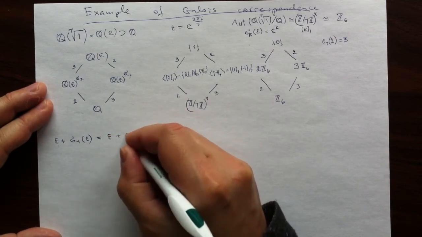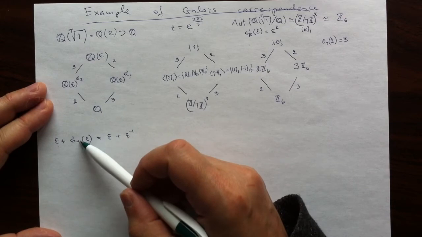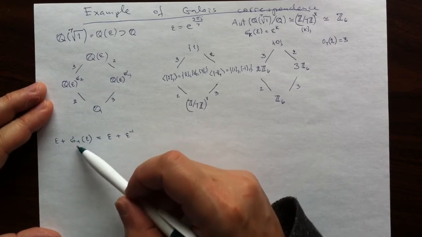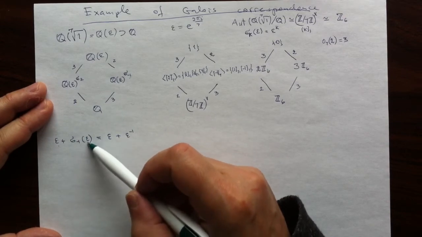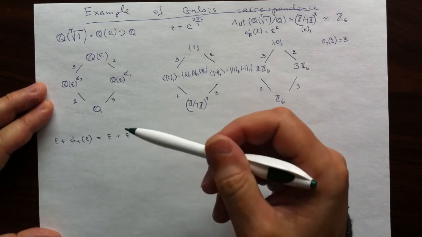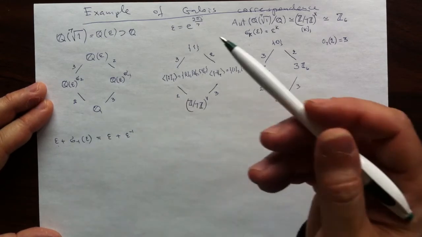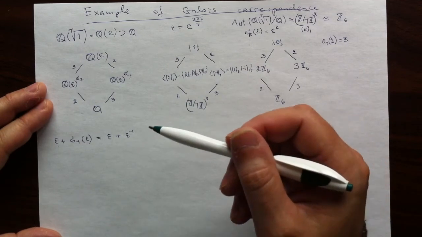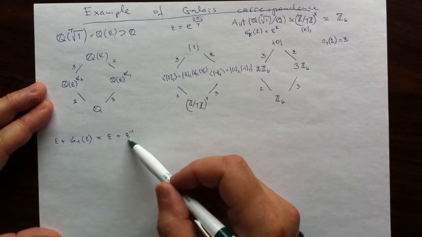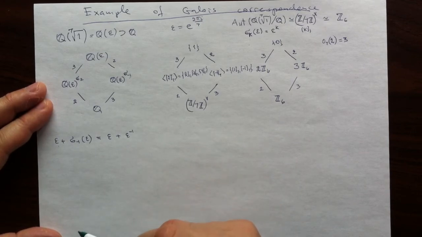So what is it exactly? It's the sum of epsilon and epsilon inverse. And let's look at this symmetry a bit more closely. This is a symmetry which takes epsilon to its inverse, which takes any power of epsilon to the inverse of that power. And it's the same as the effect of complex conjugation. So this thing is a complex conjugate of whatever we apply it to. So this is a sum of a complex number and its complex conjugate. And as such, it must be real.